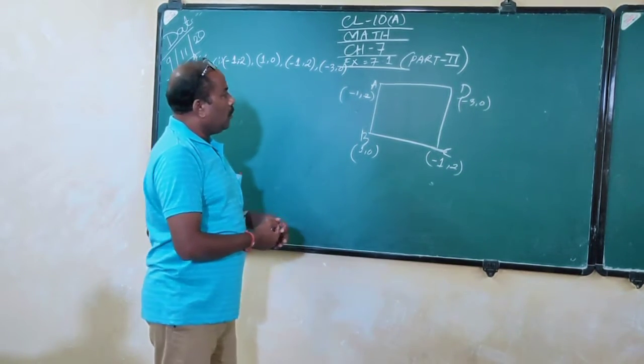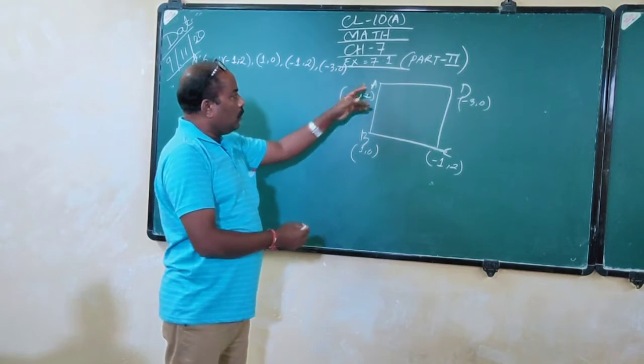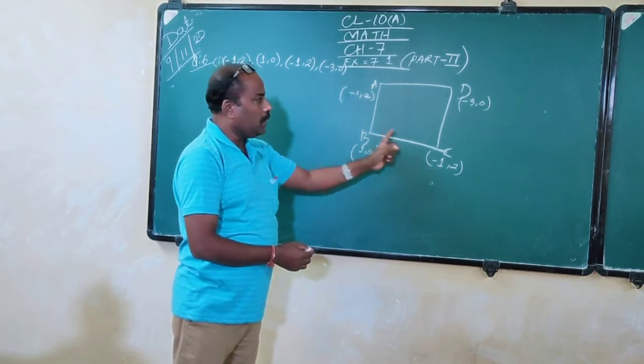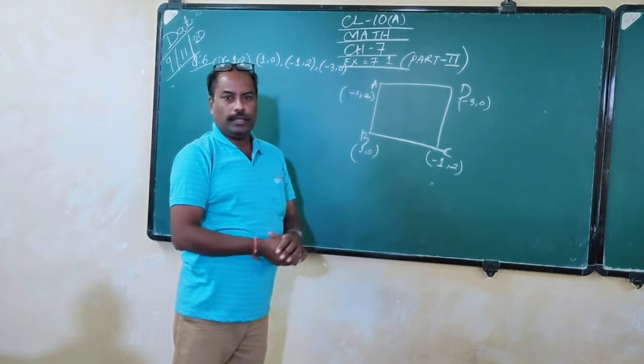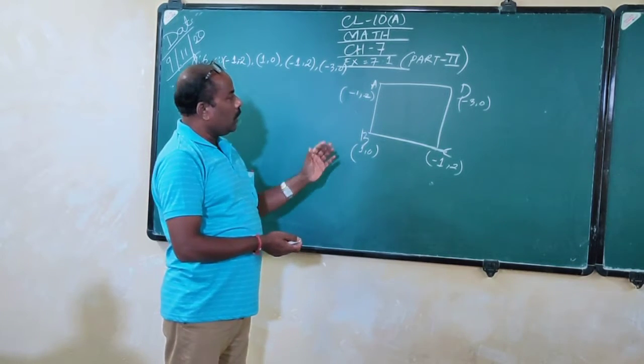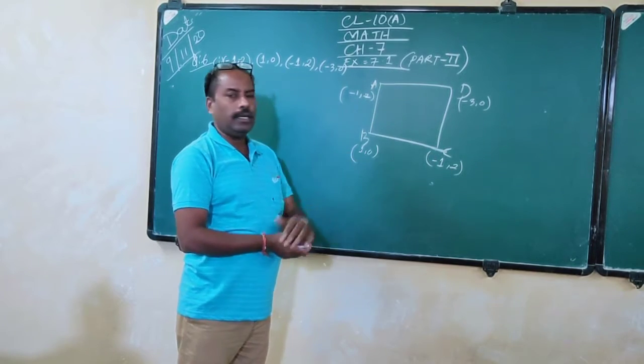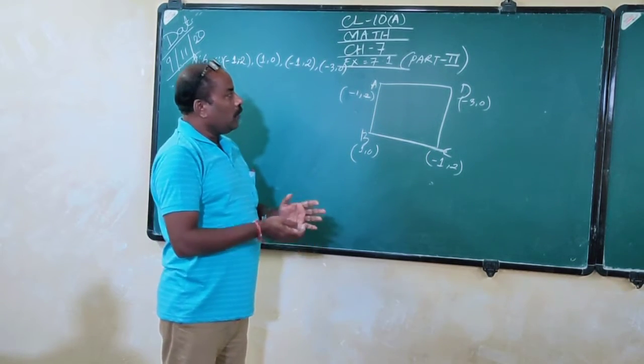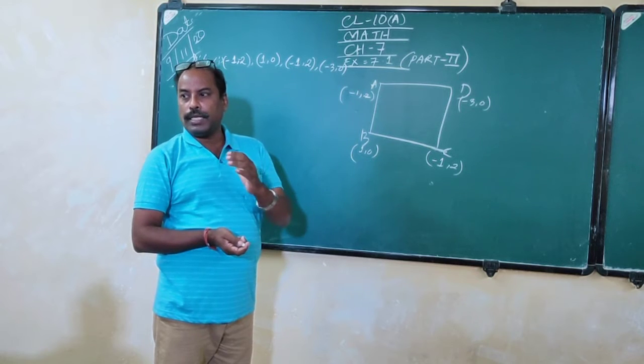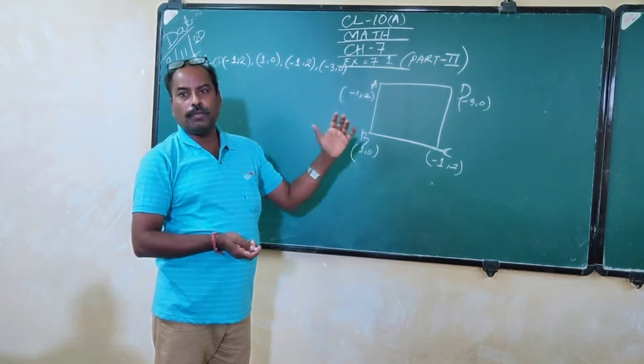When we find the distances AB, BC, CD and AD, we can understand the relationship between them. Then only we can say the name of the quadrilateral.